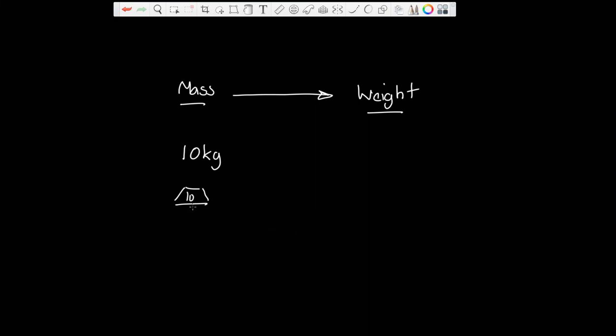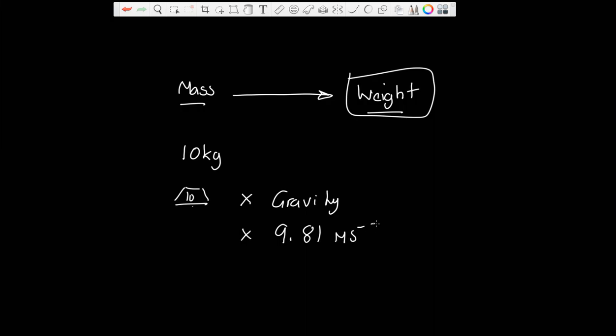So this has a mass of 10 kilograms. But the thing is that 10 kilograms of mass does not have a direction. We actually have to multiply that by gravity, which of course always acts to the center of the Earth, to get the weight vector. So what we're going to do now is times 10 by 9.81, which is meters per second squared.